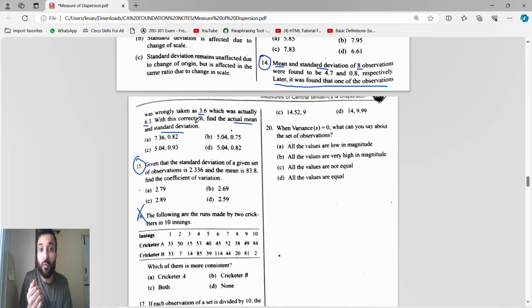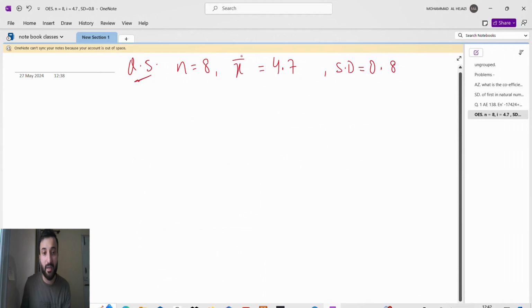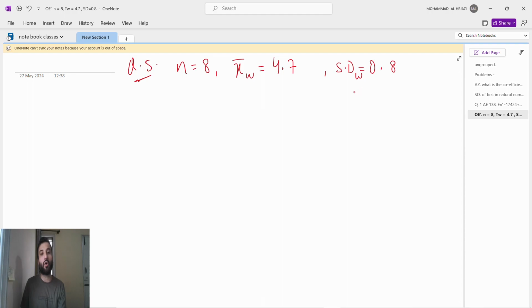So for this type of question, the process remains the same, guys. After that they will say find the actual mean and standard deviation. This means the mean and standard deviation that is given is wrong.